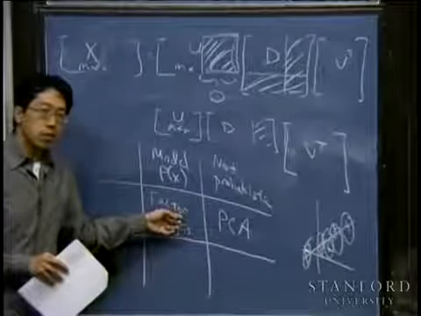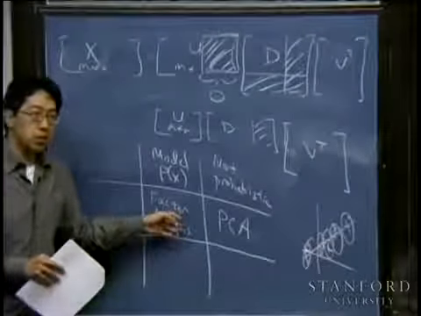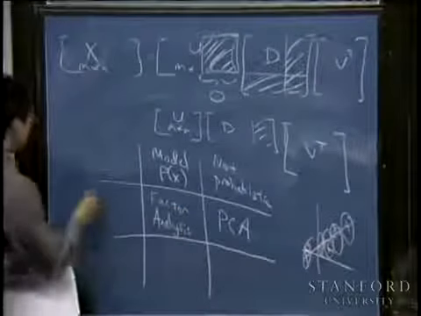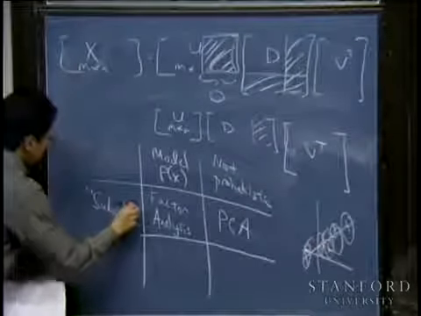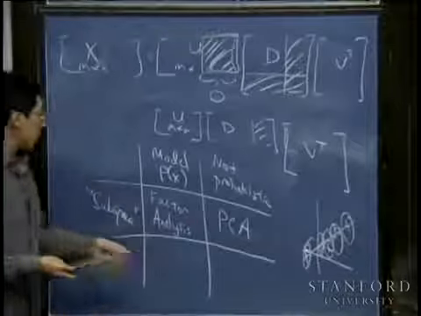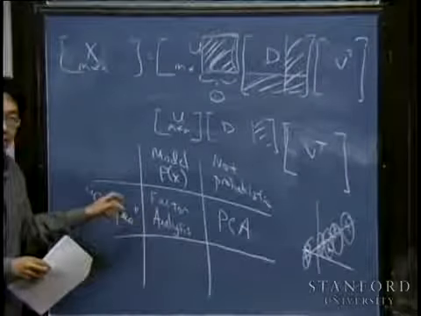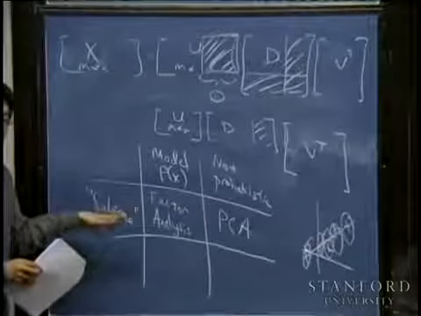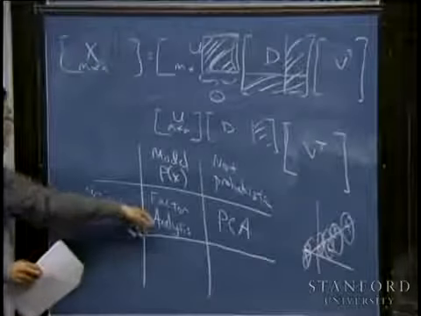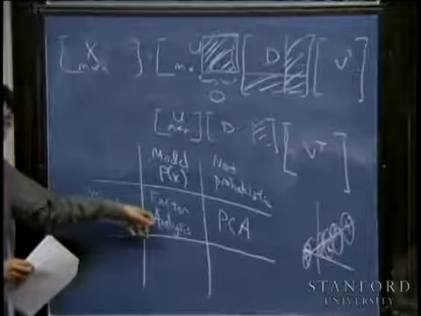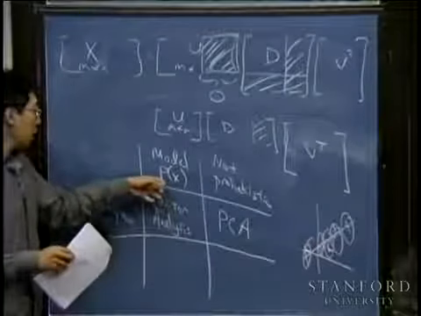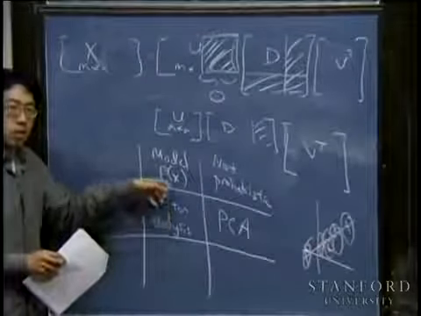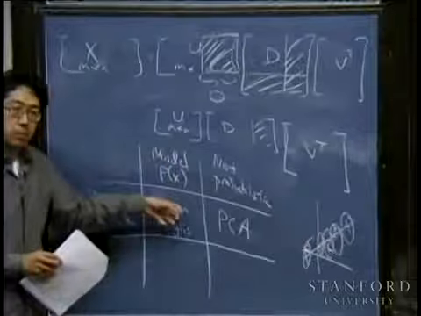Factor analysis sort of assumes the data lies on a subspace. So actually, let me write subspace here. Both of these algorithms assume the data maybe lies close to some low dimensional subspace, but fundamentally, I think of factor analysis as a density estimation algorithm. So if I have some very high dimensional distribution and I want to model P of X, then factor analysis is the algorithm I'd be more inclined to use.